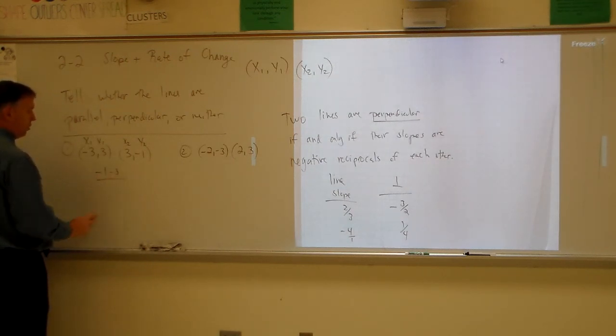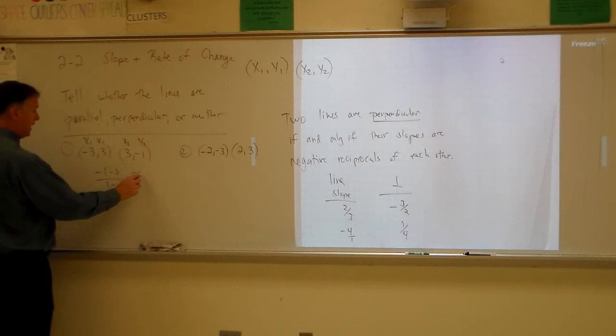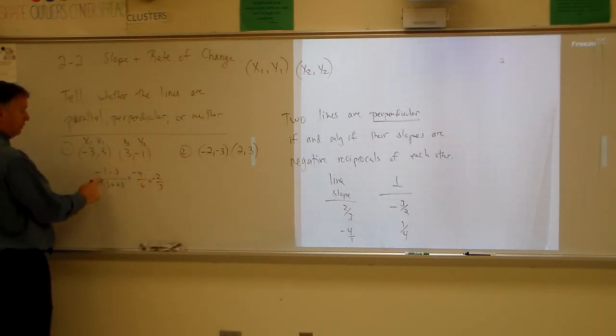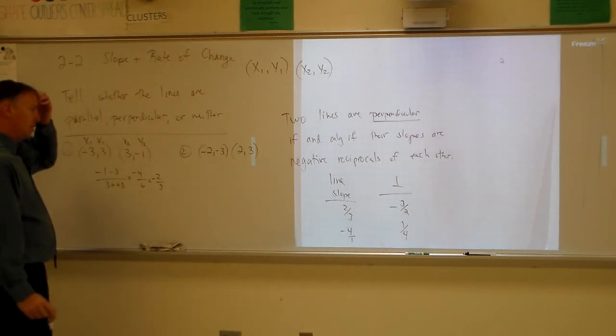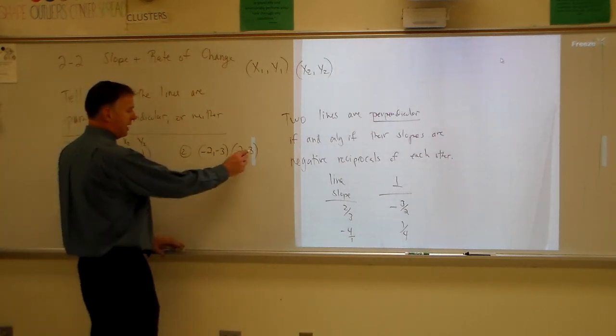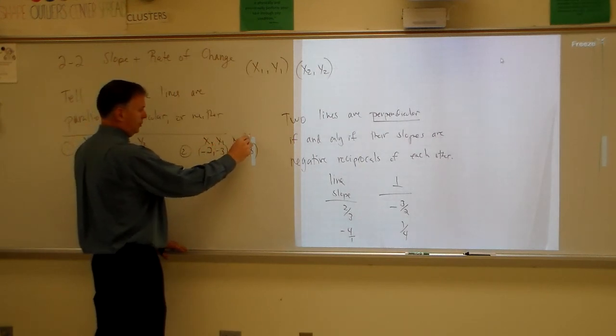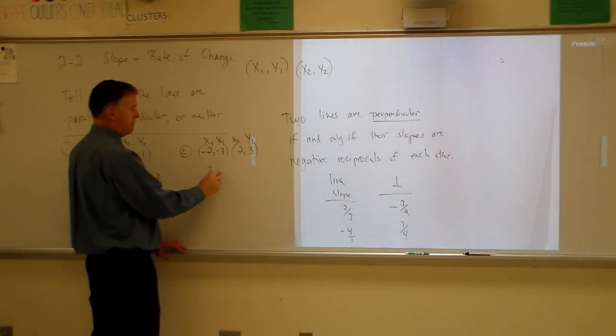-1 minus 3 over 3 minus a -3. So on the top I get -4, on the bottom I get 6, so I get -2/3. Now I've got x1, y1, x2, y2: 3 minus a -3 over 2 minus a -2.